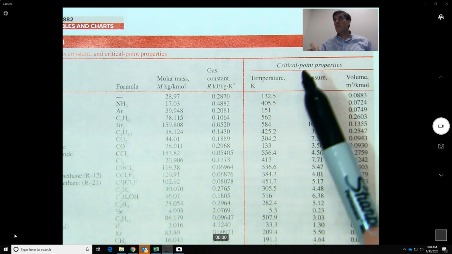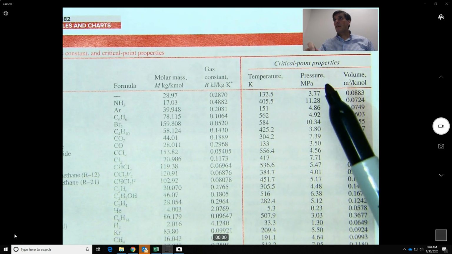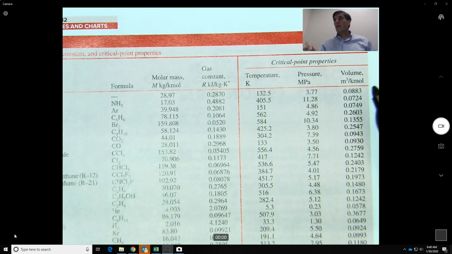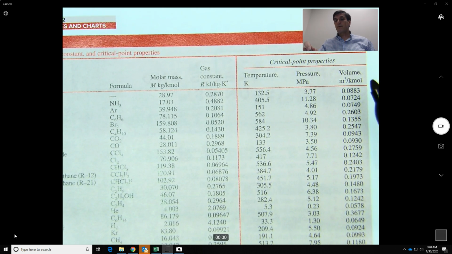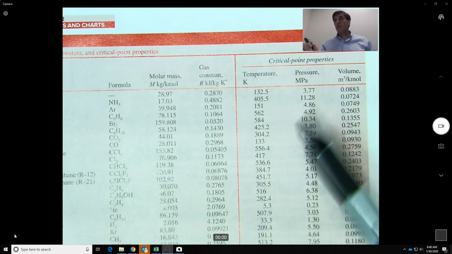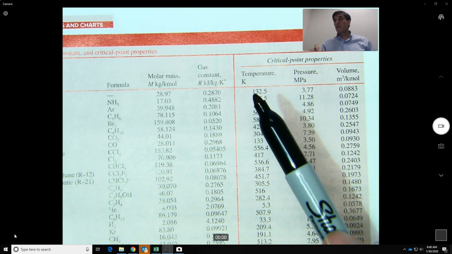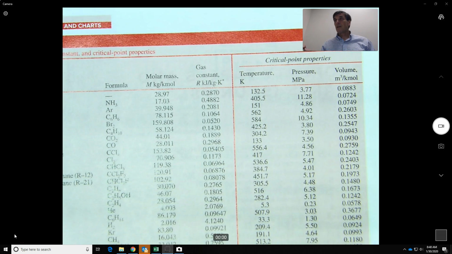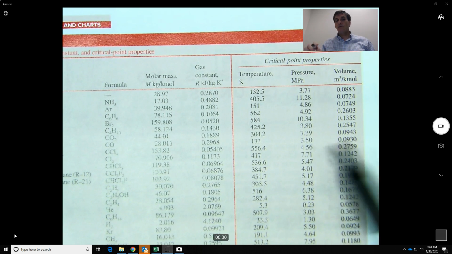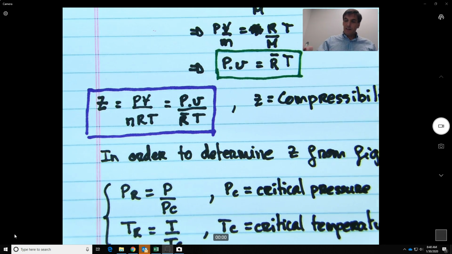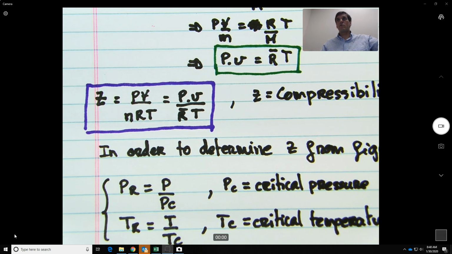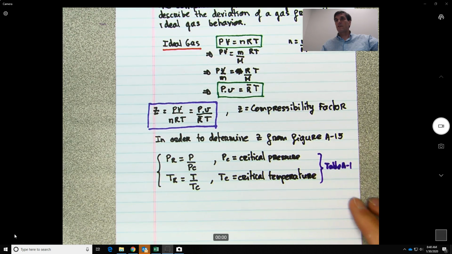And here you will see the critical temperature and the critical pressure, and this would be the critical pseudo specific volume, but we'll see that later on. Right now we're just interested in the T and the P. Okay, table A1. So we can say that these two values over here will be obtained from table A1. Oops, let me zoom out now so you can see the page.